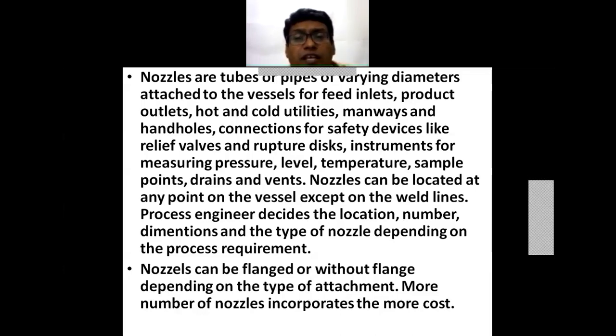So whenever there is a welding, people try to avoid the attachment of the nozzles. So nozzles can be flanged or without flange depending on the type of attachment. More number of nozzles incorporate more cost.